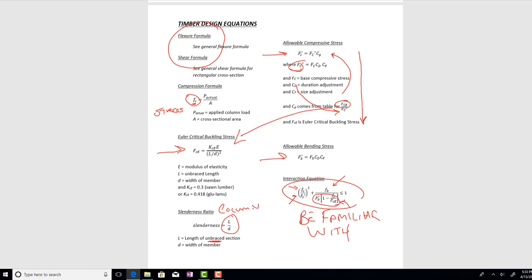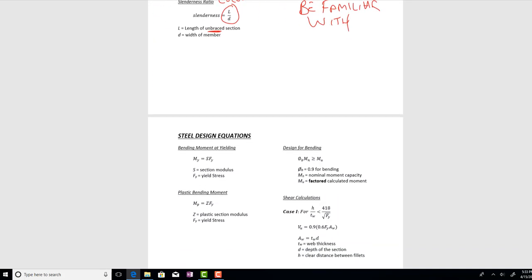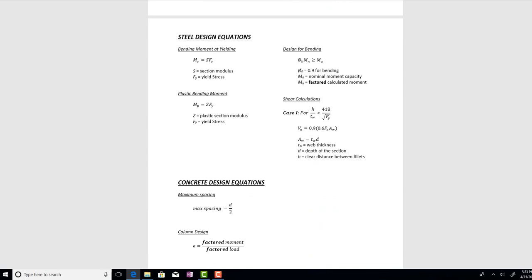And then we add those together. So in short, it's the critical combination of compression and bending capacity that we're dealing with in the interaction equation. We only ever did the interaction equation with timber, but you should note that we do consider interaction with steel columns as well as concrete columns as well.